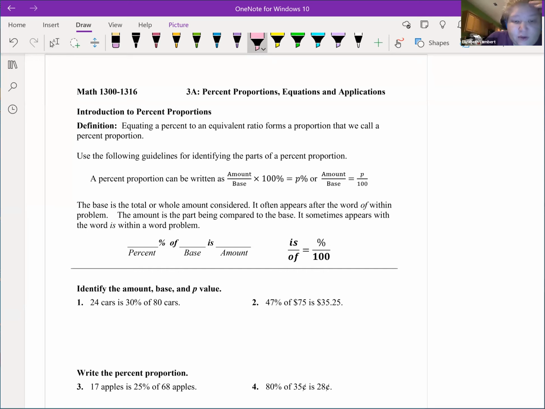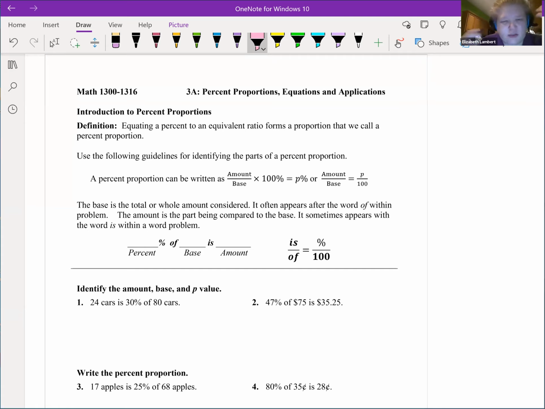So it could also be percent of base would be percent times base is amount. Could even be written that way as well. There is a way to literally translate these into equations, but you're often going to see the is and the of in there.